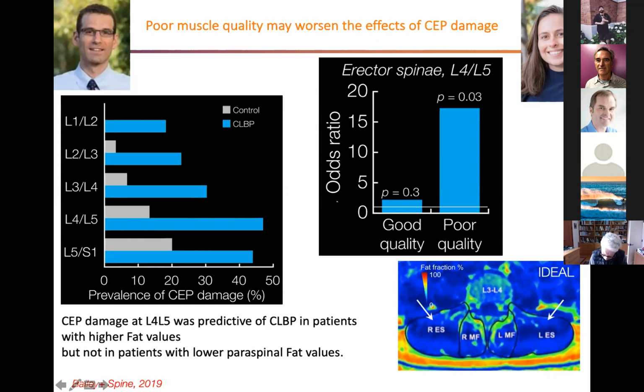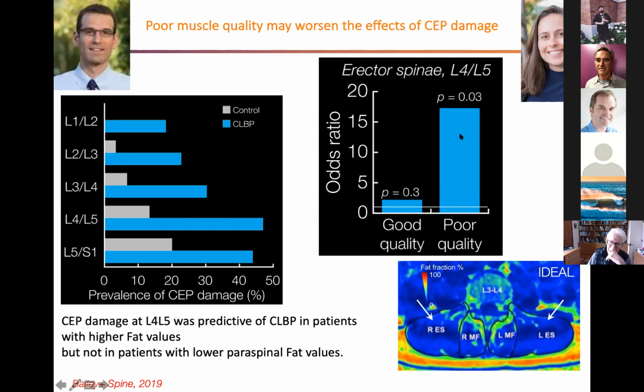What Aaron did next was pool the data again into two groups. One group of patients had good muscle quality, meaning very little fat, and another group had poor muscle quality, meaning they had a lot of fat in the muscles.